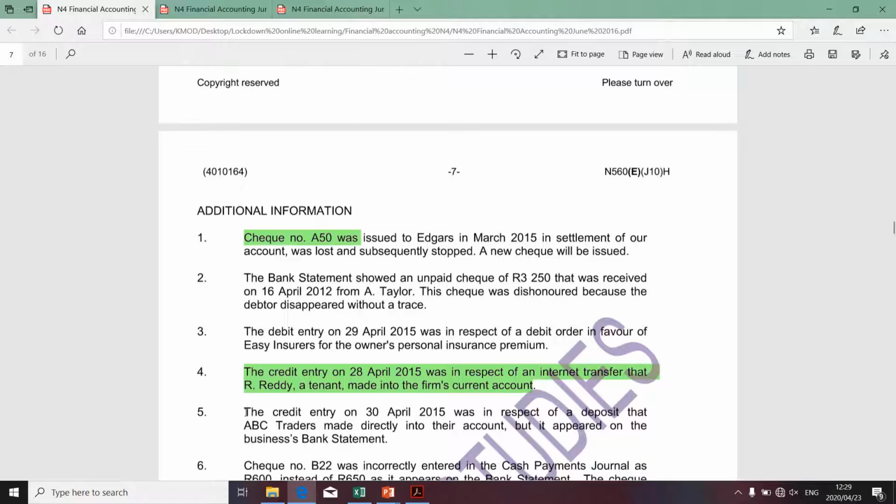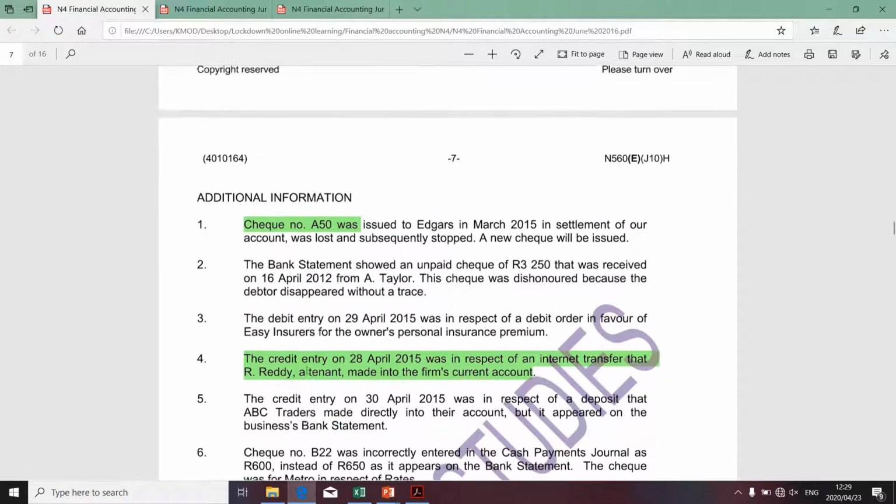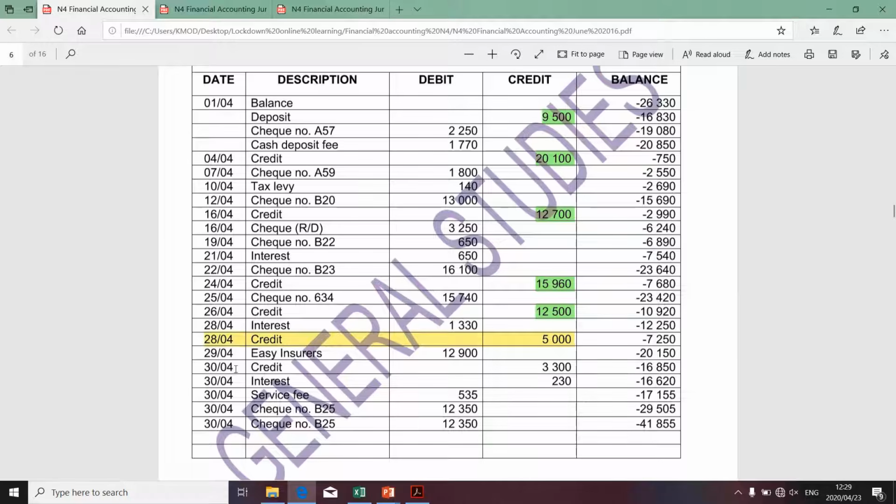The transaction number 5, it says the credit entry on 30 April was in respect of deposits that ABC Traders made directly into their account, but it appeared on the business's bank statement. But I need to talk about this because it was on the credit side. It was that entry on the 30th.